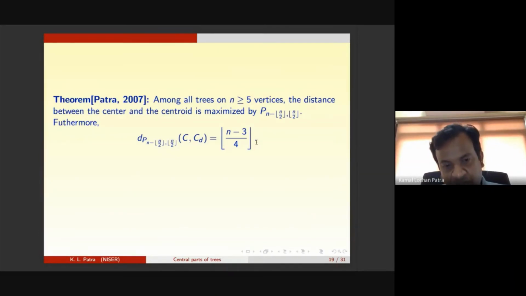From the definition, the movement of center and centroid can be easily measured by some simple protrusion. This can be obtained.